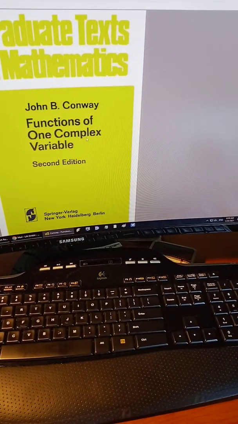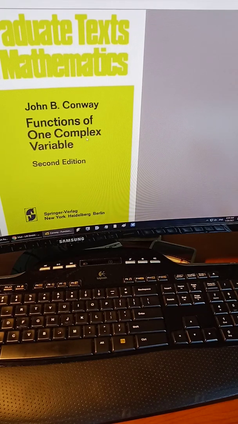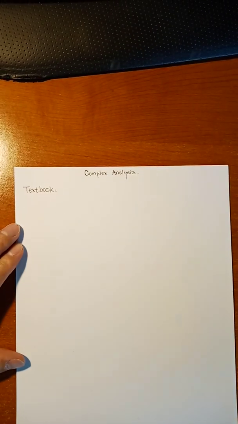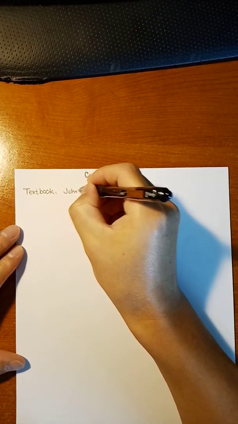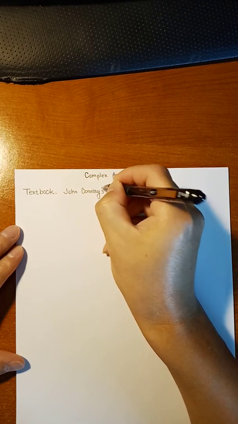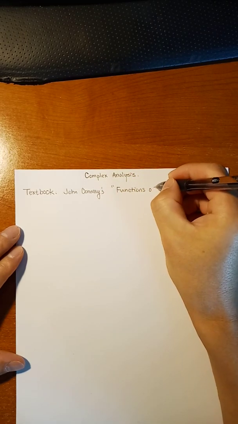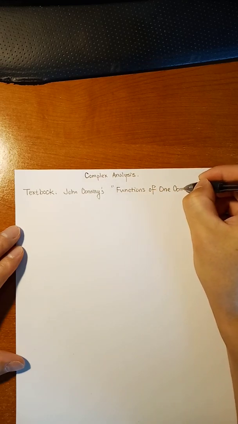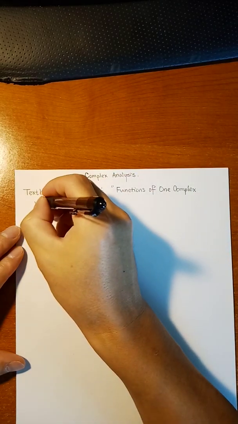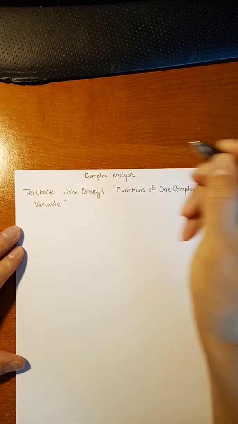For this class, we use this textbook, John Conway's Functions of One Complex Variable, especially the second edition.